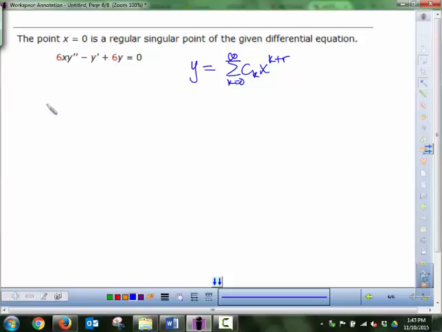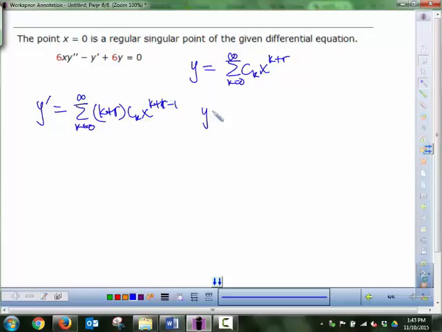So let's do that. Let's find the first derivative, keeping this the way it is. Again, we don't make assumptions about this series as being a power series because we have roots that are non-integer, non-positive integer. So we're going to keep this at k equals 0, and then I have k plus r, c sub k, x to the k plus r minus 1.